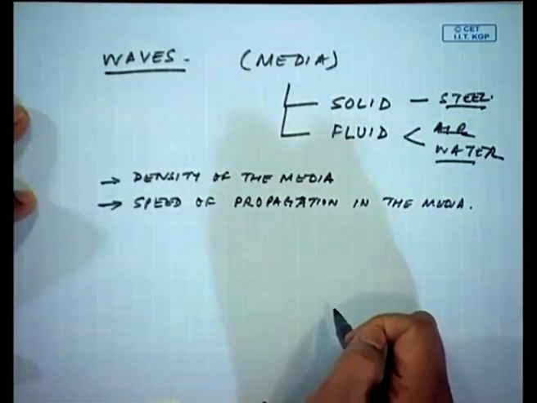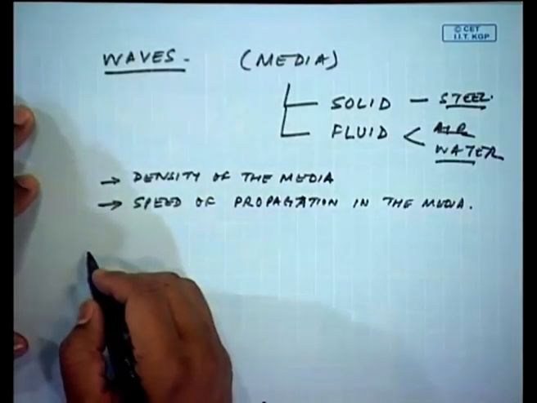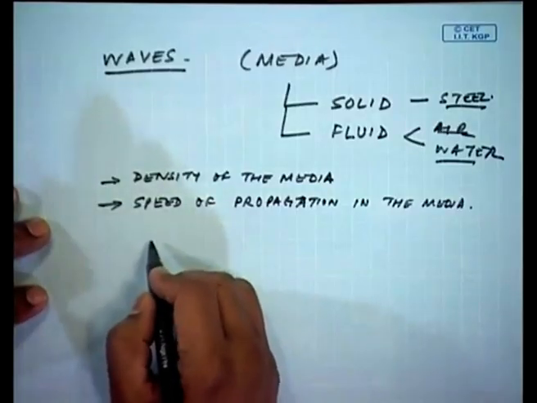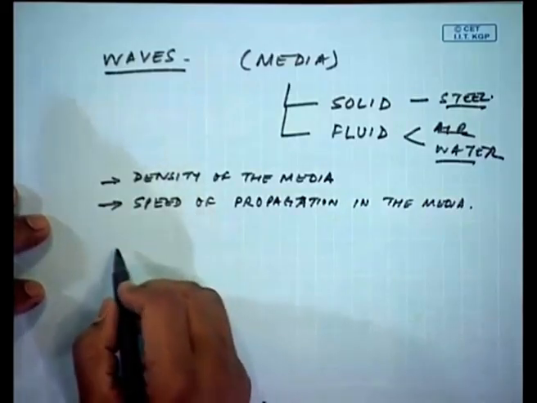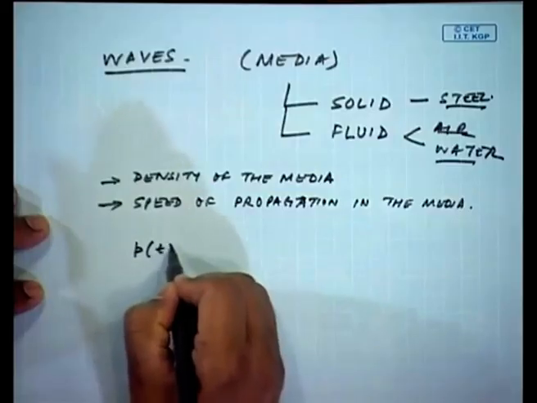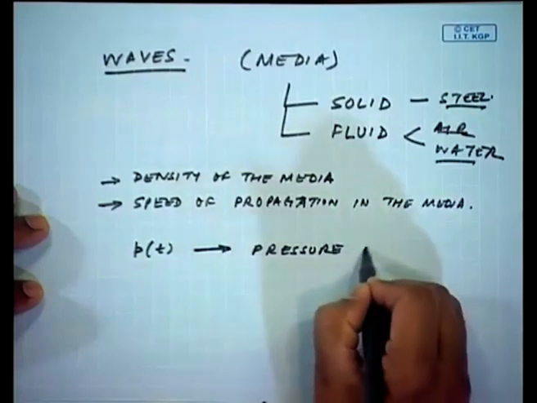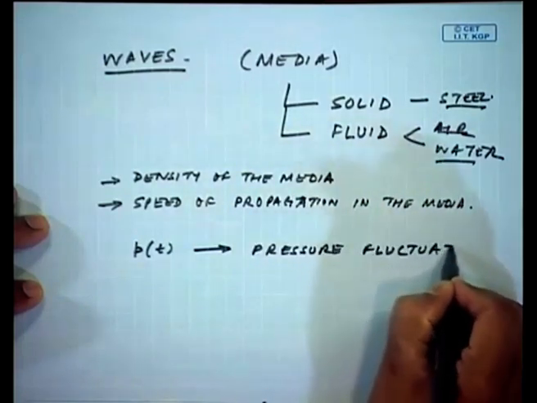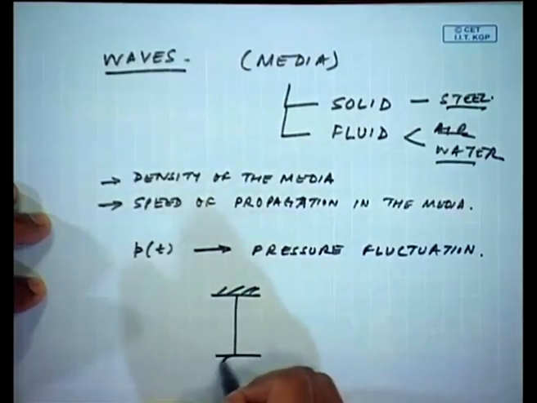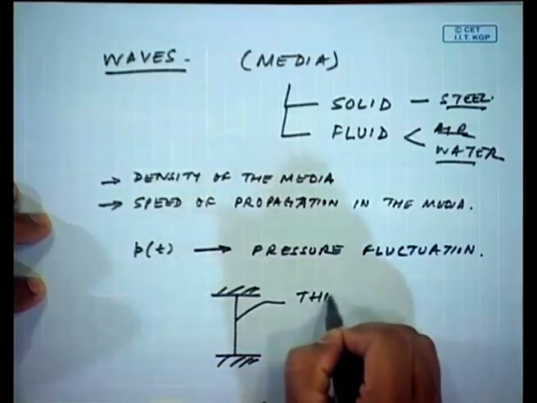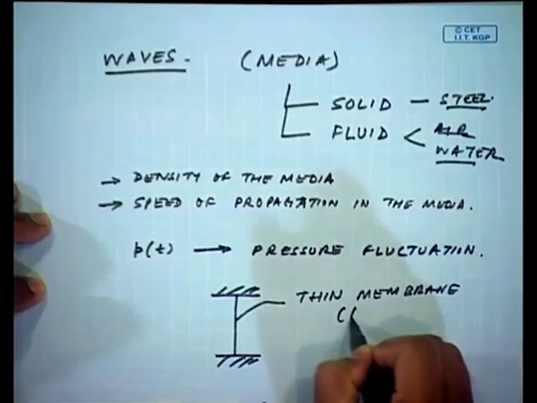Now, this acoustical wave or sound wave, there will be many ways by which it gets transferred. Incidentally, the sensation of hearing which you sense is because of a small pressure fluctuation. If you look at our eardrum, and I will just draw it as a membrane here, a thin membrane is our eardrum.